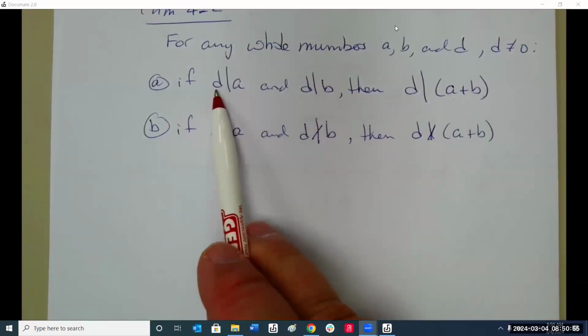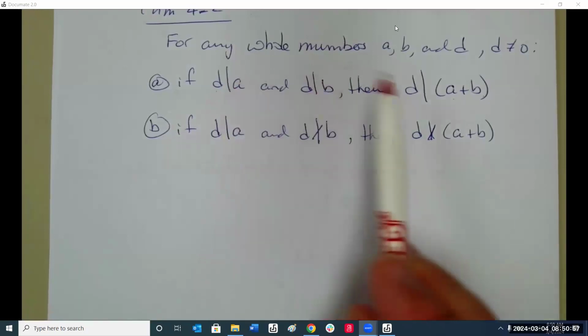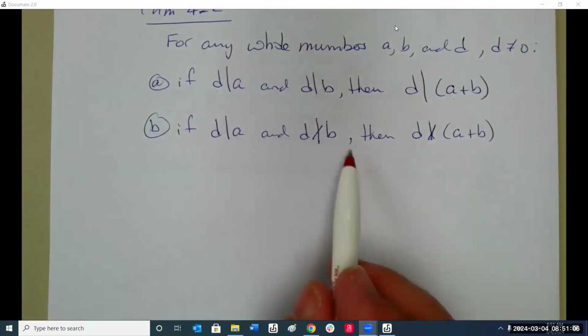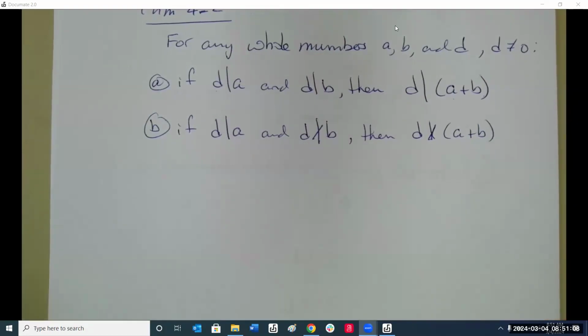If 5 goes into 10 and 5 goes into 5, then 5 goes into 10 plus 5. But if it doesn't fit into one of them, then it can't go into the sum.